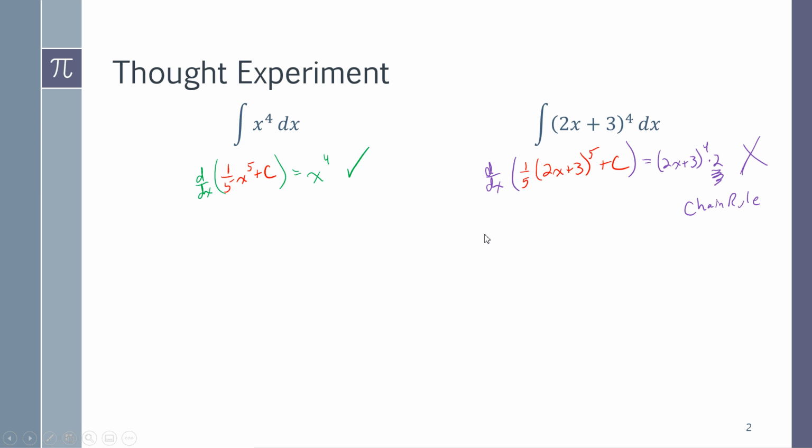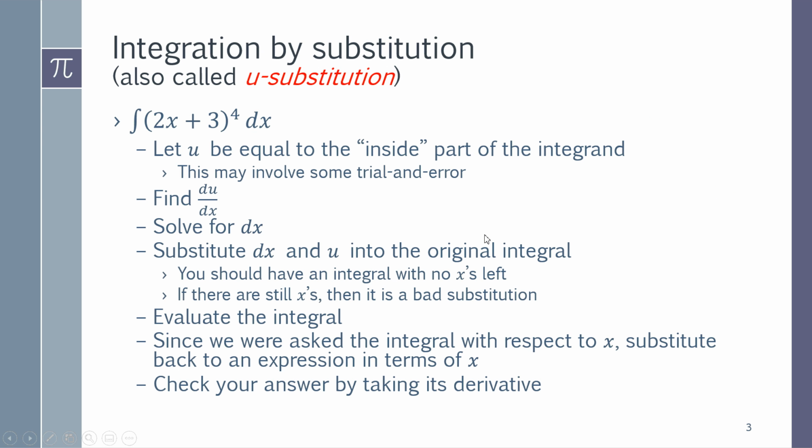And so that's where we get this process called integration by substitution, or U substitution. The general idea behind this is, instead of trying to undo the entire derivative at once, we're going to undo the outside first and then undo the inside. Now, all of this should be taken with a grain of salt in terms of me saying solve for dx and substitute for dx.